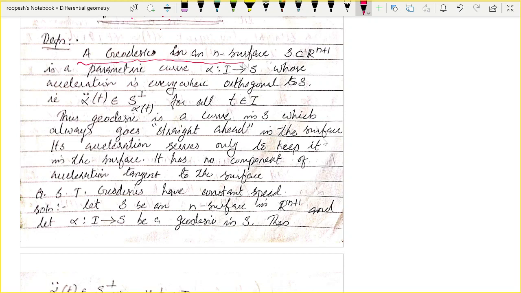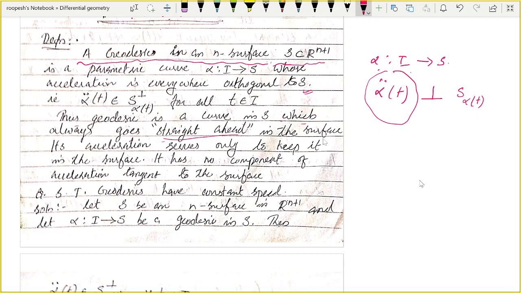A geodesic in an n-surface S, a subset of R^(n+1), is a parametric curve alpha from I to S whose acceleration, that means alpha double dot of t, is everywhere orthogonal to S. I repeat, we will say a parametric curve alpha is a geodesic if its acceleration is everywhere orthogonal to the surface S.